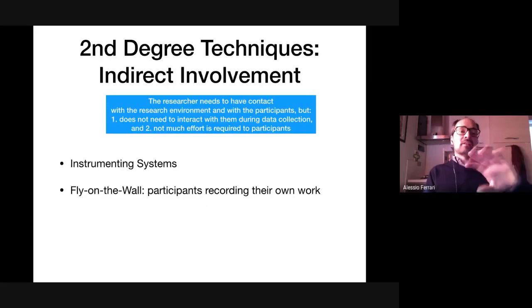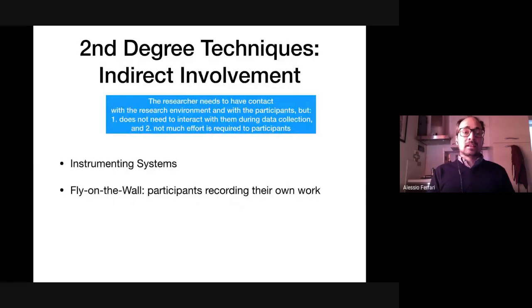Okay, these were first degree techniques, so direct involvement of the software engineers. With the second degree techniques, basically you have an indirect involvement of the people, and there are two types of indirect techniques: instrumenting systems and fly on the wall.